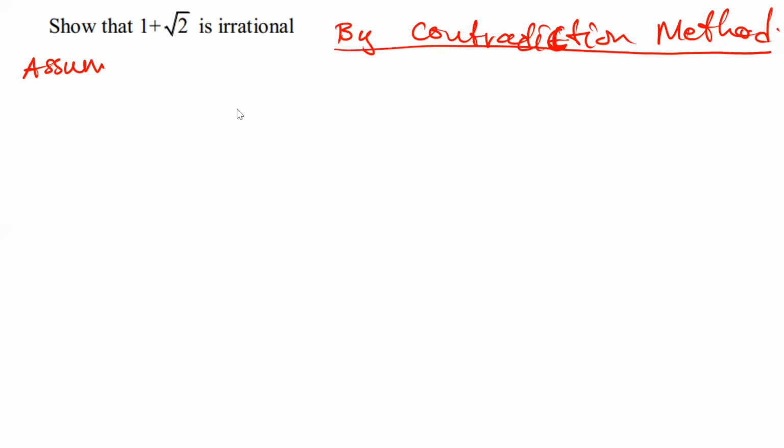The first thing we do is to make an assumption. So we assume that 1 plus the root of 2 is rational.